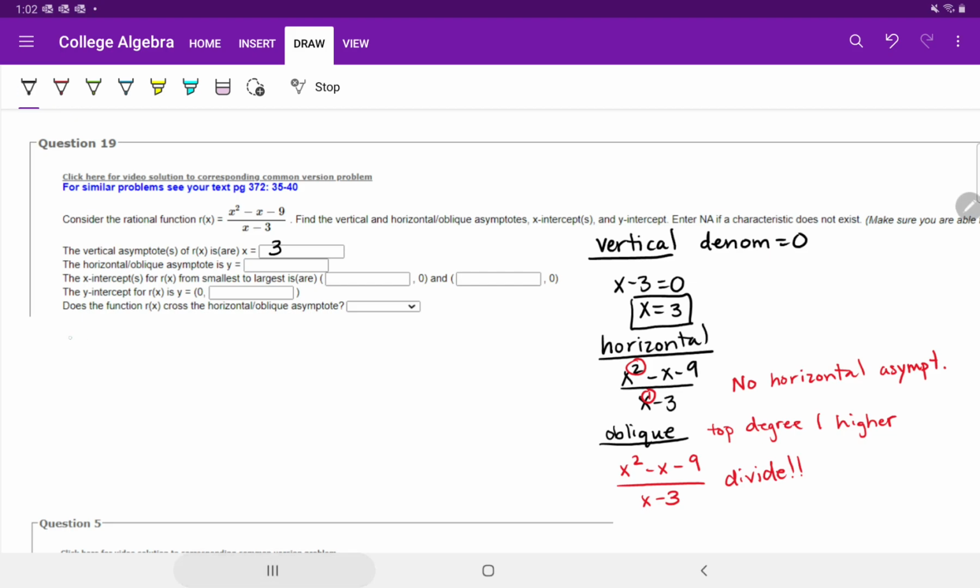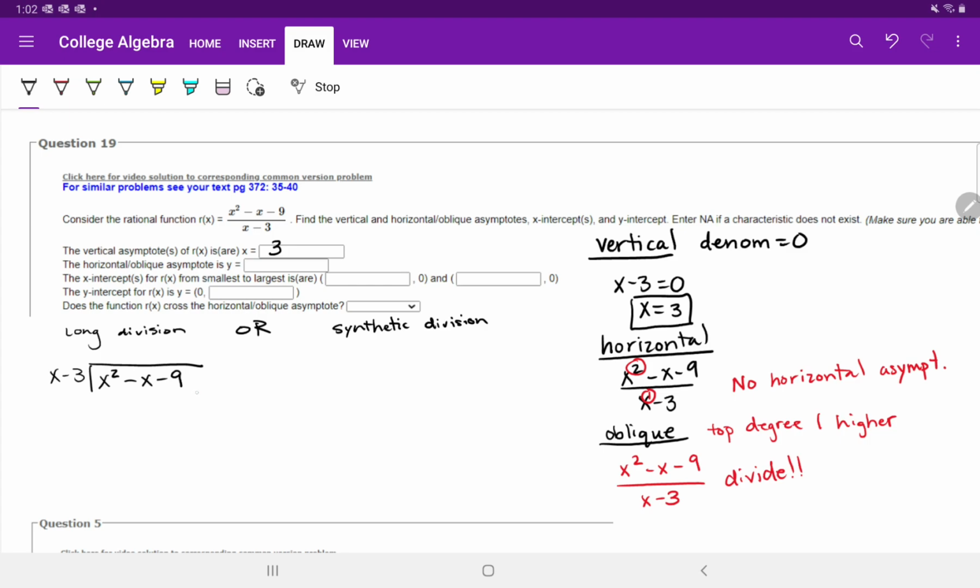So for polynomial long division, we'll put our divisor on the outside of a bracket and our dividend on the inside of the bracket.